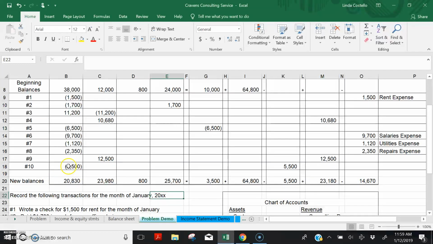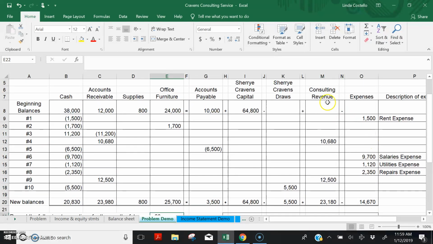So looking at the worksheet, we'll report $23,180 of consulting revenue, and we will show the detail of our 4 expense accounts, and our expenses should total $14,670.